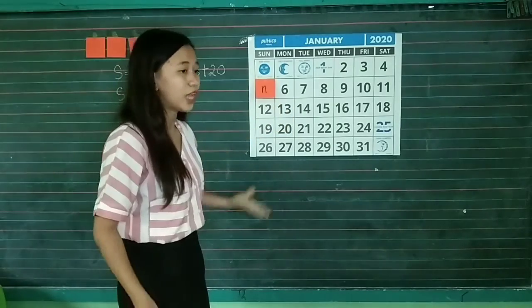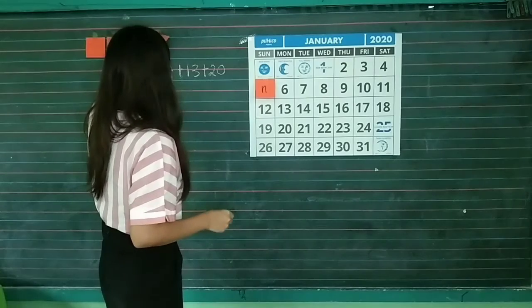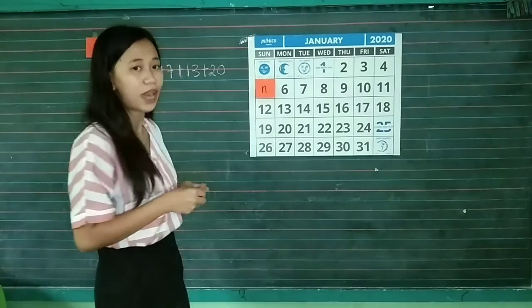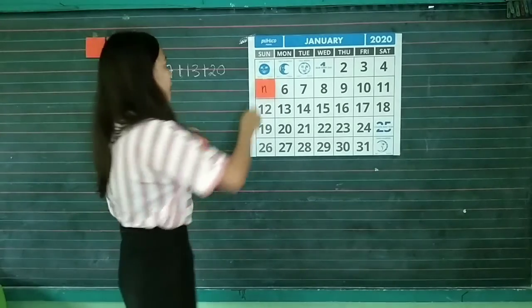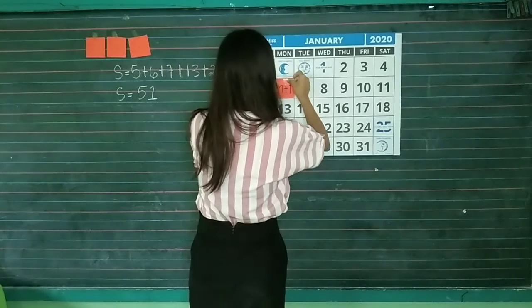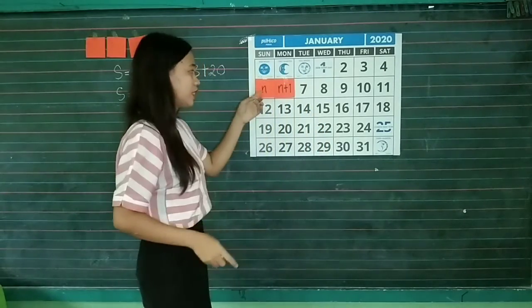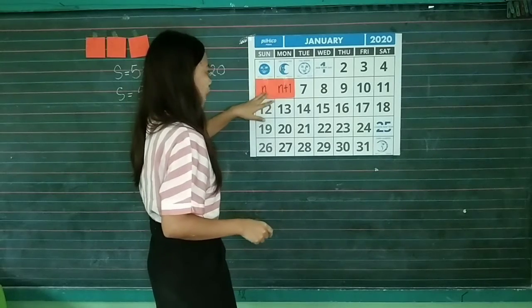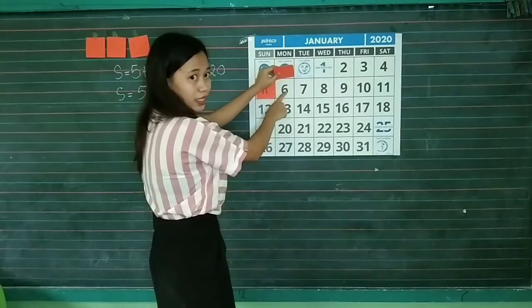And after that, what is the difference between 5 and 6? So we have the difference of 1. So our next equation is n plus 1, because n, our smallest number, is 5. So n is 5, plus 1 is equal to 6.